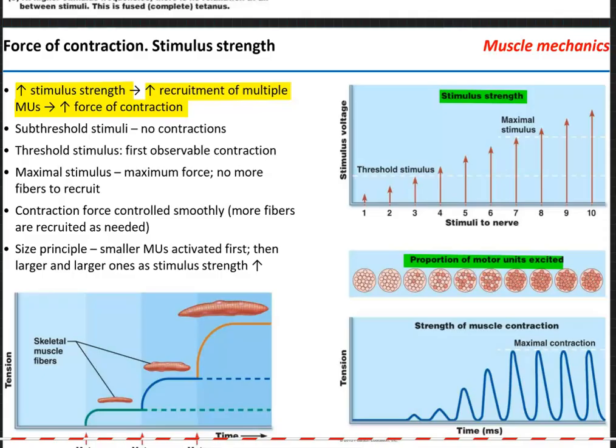But there is another important feature that we need to address here. The number of motor units in a muscle is limited. So, at some point, when the stimulus reaches its maximal strength and effectively stimulates all motor units within the muscle, all fibers, your muscle reaches its maximal contraction.